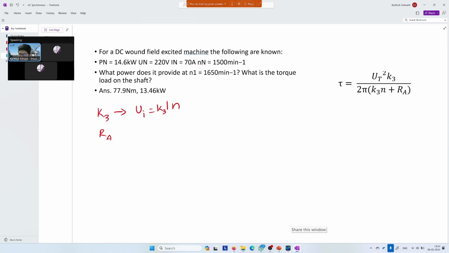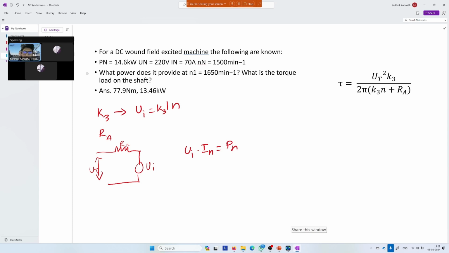So let me start with RA. We know the simplified equivalent circuit. Consider the nominal operation, 70 amps. But before that, we need to get the UI. So UI times I nominal equals PN.